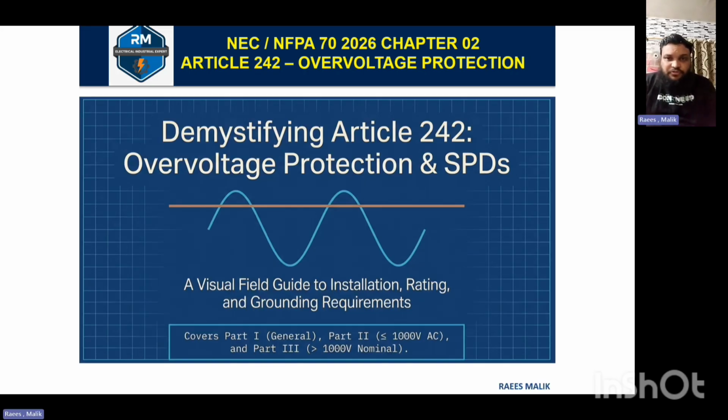Part two is all about surge protection devices installed in premises wiring less than 1000 volt AC or 1500 volt DC. Part three is all about surge protection devices greater than 1000 volt AC or 1500 volt DC, used in higher electrical power systems.